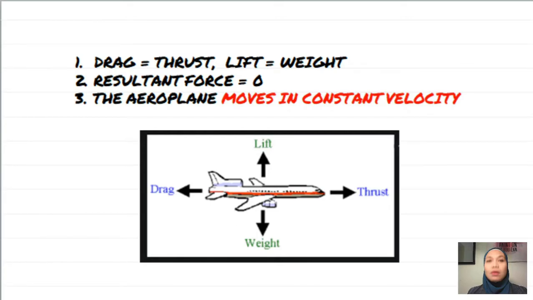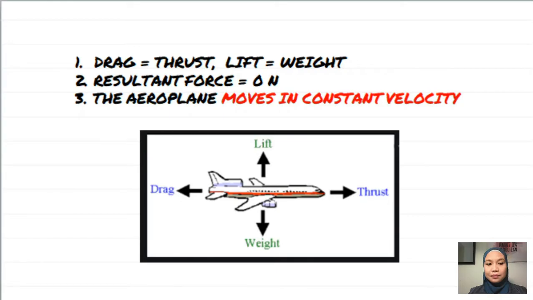Alright, I forgot to write Newton there, so I will put here 0 Newton. The aeroplane moves in constant velocity. So the velocity will be constant and the direction will be to the right, to the thrust.